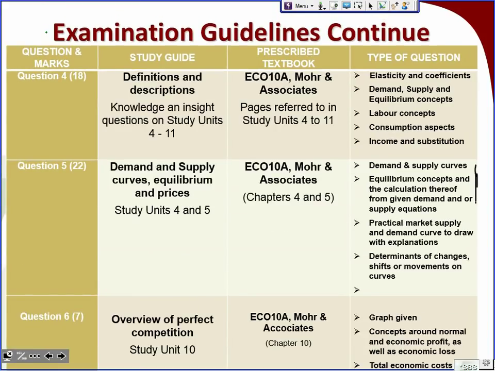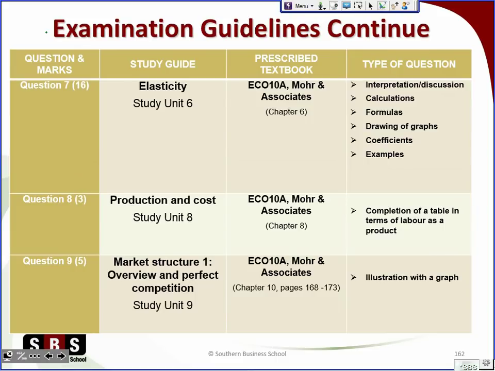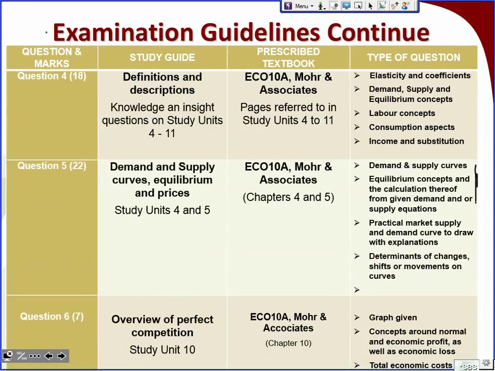All right, so that was under supply and demand. Then we're going to come to question 6. It's an overview of perfect competition. It's mostly out of chapter 10, and the focus areas are those given below.